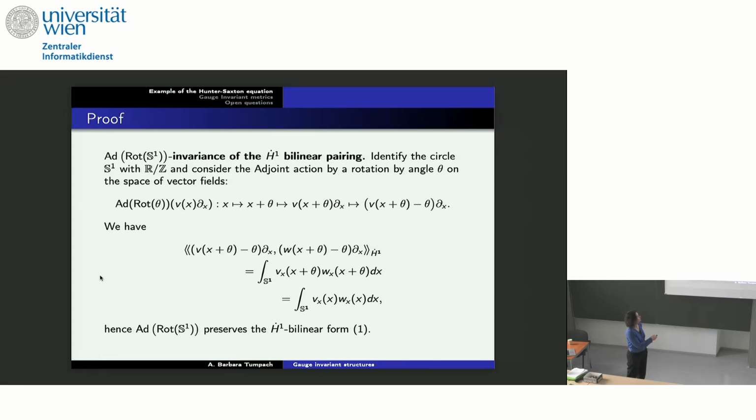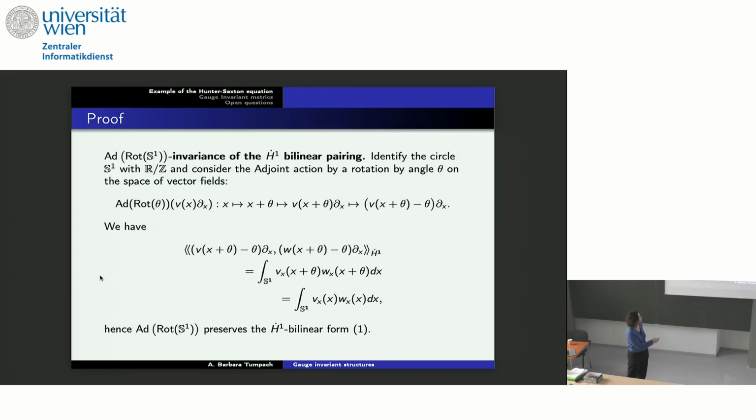Then you look at the vector field at this point, x plus theta, so I called it v. v is a function of the variable x, and d over dx is the tangent vector field to the circle, if you prefer. We first rotate, we look at the value of the vector field there, and we come back by the inverse rotation, meaning that we subtract the angle. Okay? So this is the adjoint action of the rotation by an angle theta on the vector field v(x) d/dx.